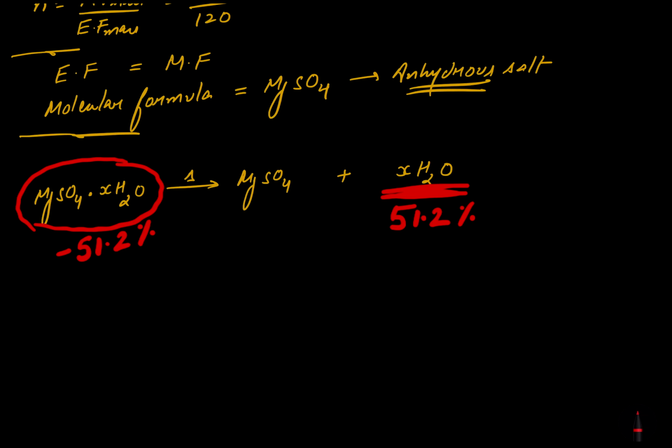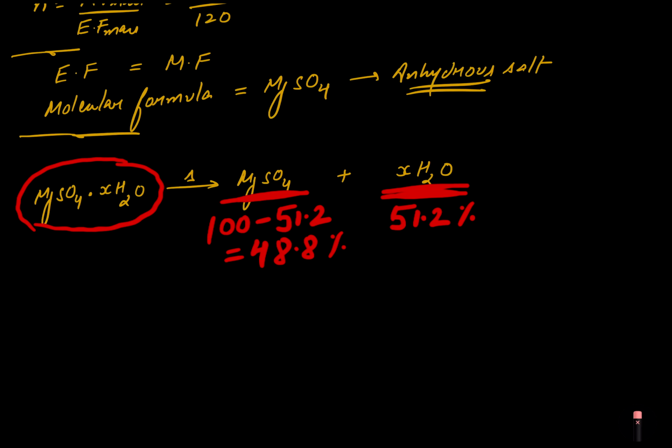What is the percentage of magnesium sulfate then? It is 100 minus 51.2, and it comes out to be 48.8%. So this is the thing that I have evaluated.